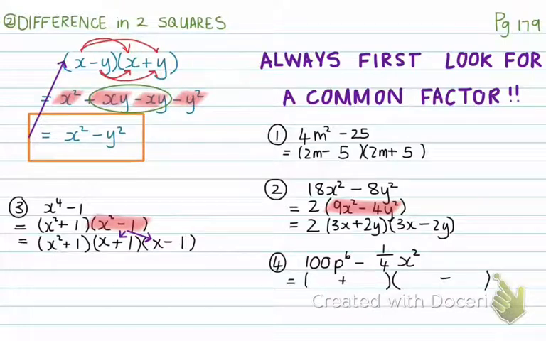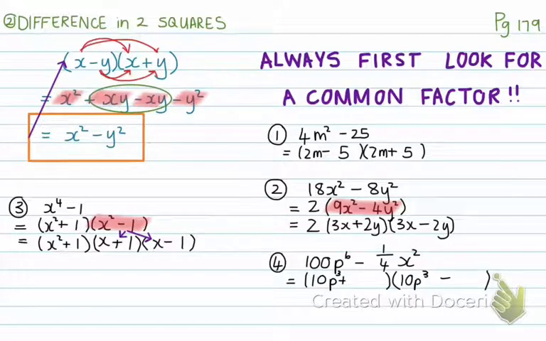And then in your mind, you take the square root of the first term. What on earth will the square root of that 100p to the power of 6 be? The square root of 100 is 10. The square root of p to the power of 6 is p to the power of 3. So 10p to the power of 3 is the first term in both my brackets.